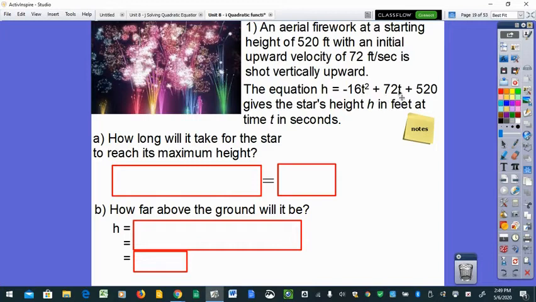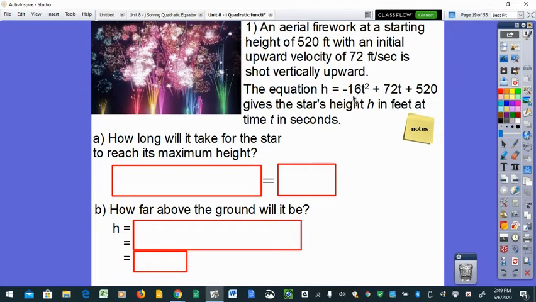So the t variable is time in seconds, and the h variable is height in feet. But I just want you to notice something before we go on. Do you see that 72 feet per second? Just notice that it happens to be the b. Did you notice that the 520 happens to be the c? And interesting enough, I don't know where this negative 16 came from, but I just want your eye on that.